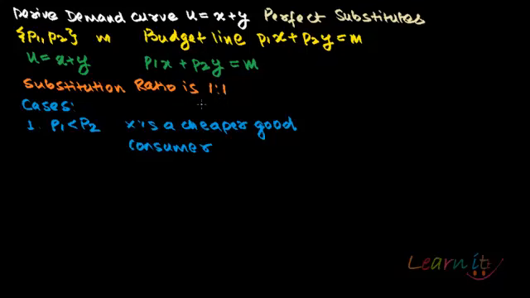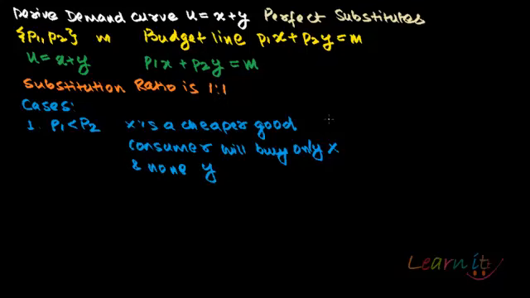No. But in this case, when the two goods are completely substitutable in the ratio 1:1 and one price is less than the other, you will go completely towards the cheaper commodity, because you would say that only X is going to give me the entire utility. So the consumer will buy only X.